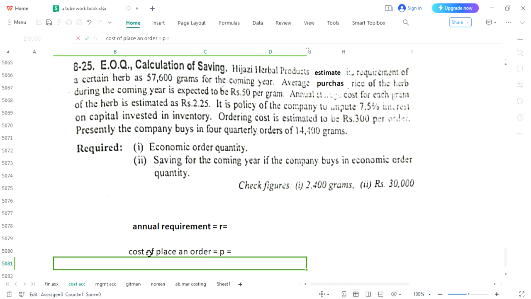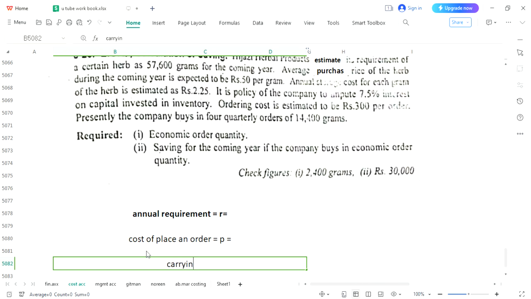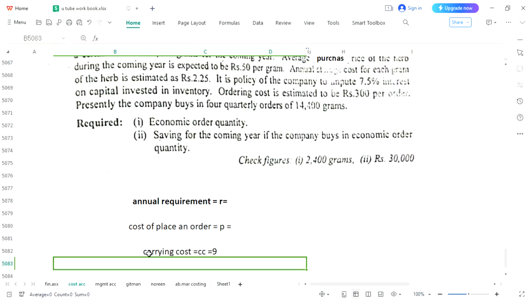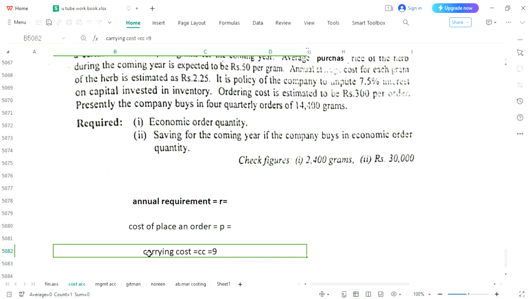And the next thing is we should have carrying cost, and as it was explained earlier, carrying cost has several factors. It would be denoted by C and we will see later on how much the cost is.